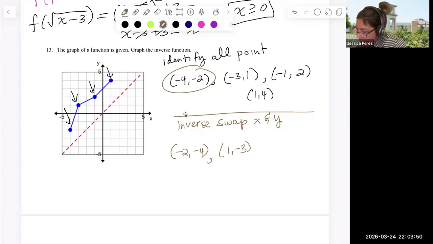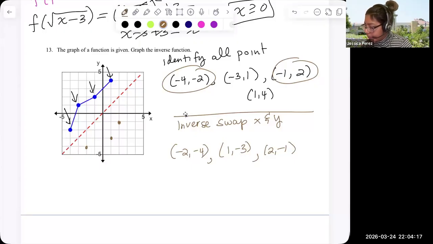So the first one is -2, -4. And then 1, -3. Then 2, -1. So I'm swapping each of them. 2, -1 right there. And then I have 4, 1.